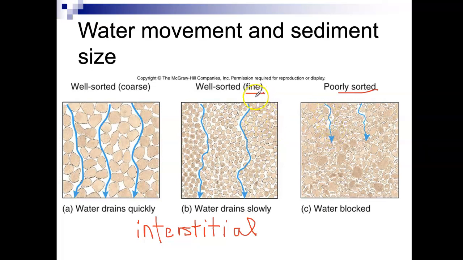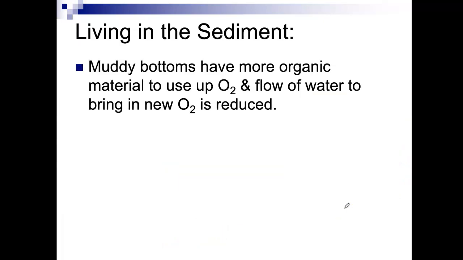So what interstitial spaces you had here are filled with fine clay particles. That means the water is basically going to be blocked, and the mud will become waterlogged. And we'll talk about how the environment down here below this line becomes anoxic because fresh water isn't coming in to replenish the oxygen. So we'll talk about that.